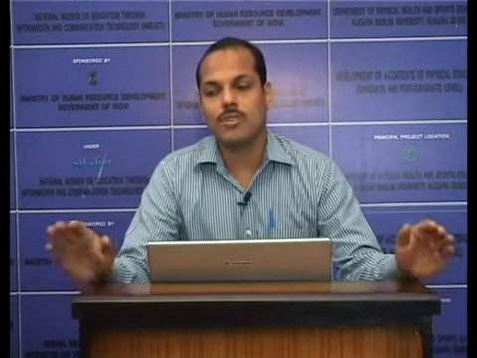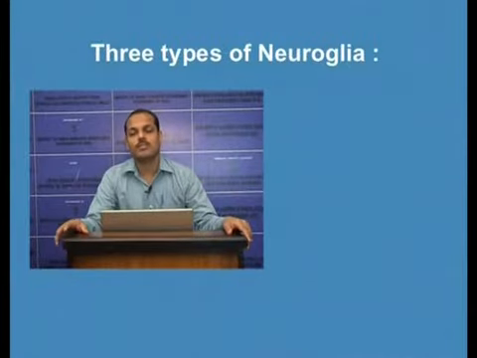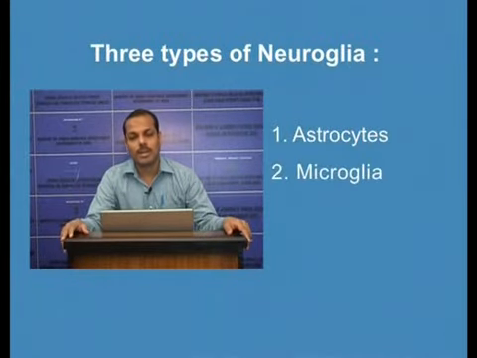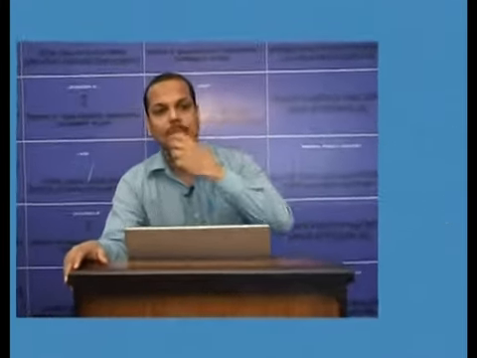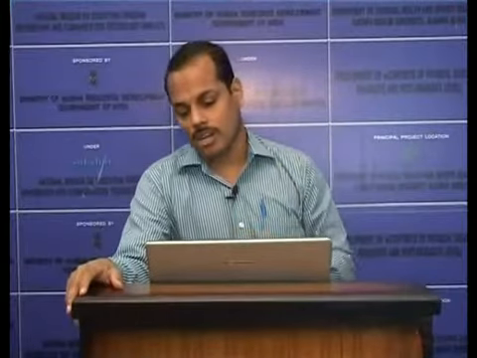There are some other types of cells also present, called neuroglia. So the first one is neuron, the second one is neuroglia. There are three types of neuroglial cells seen in the nervous system: astrocytes, microglia and oligodendrocytes.